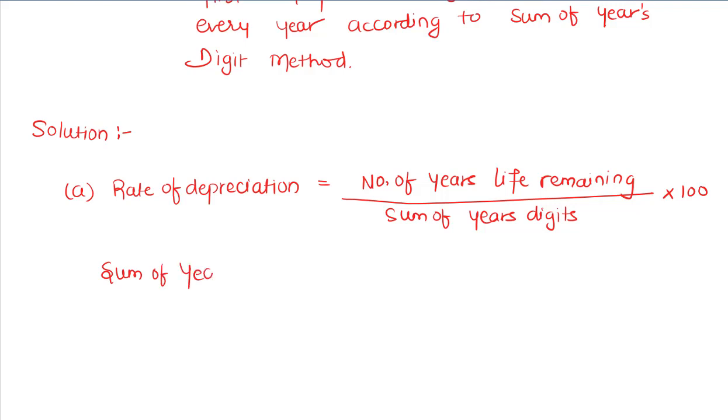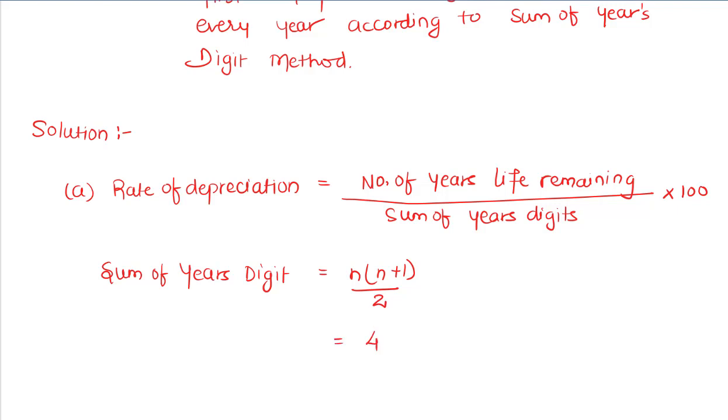We need to calculate sum of years digit first. The formula is n into n plus 1 by 2.